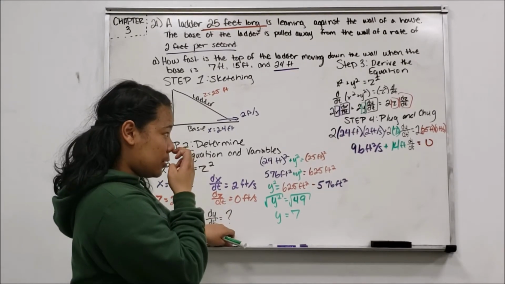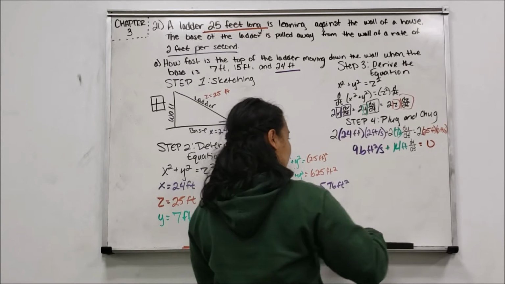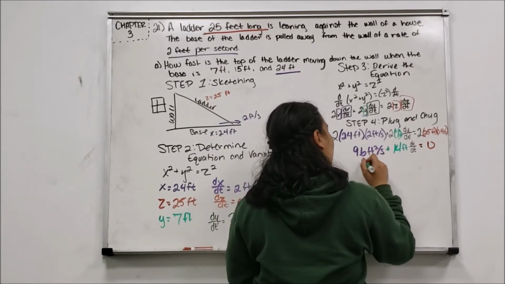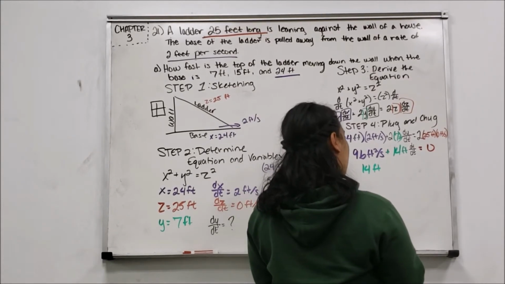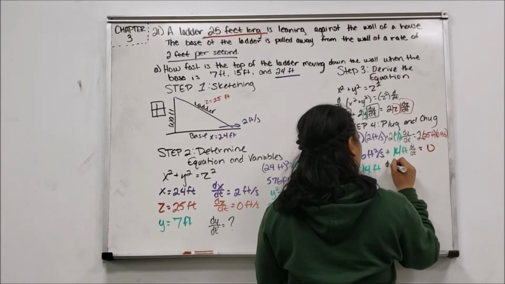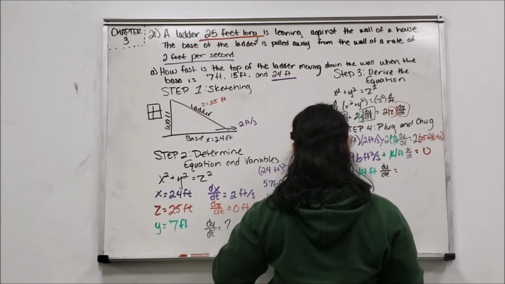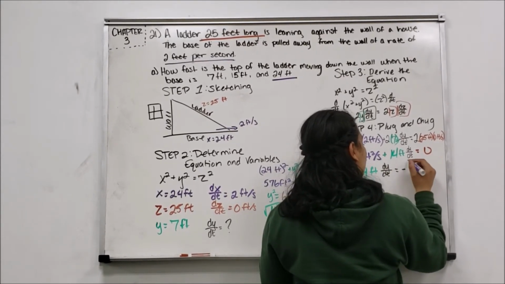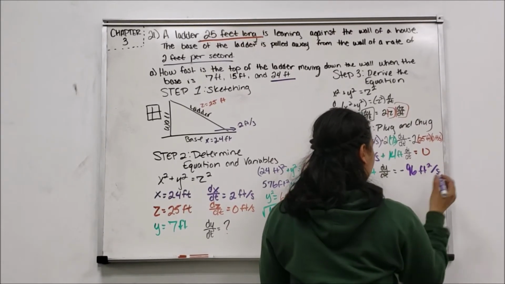So now I'm going to solve for my dy dt, which will leave me 14 feet times our dy dt equals negative 96 feet squared per second.